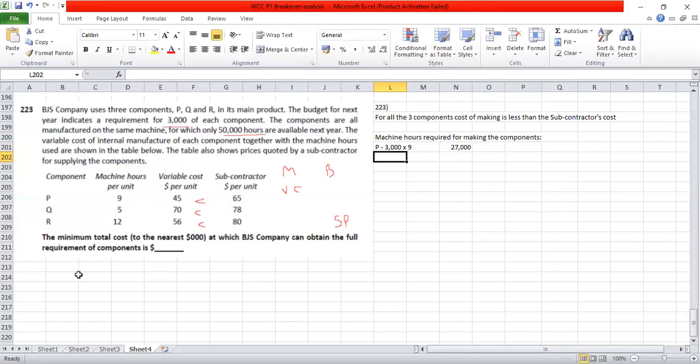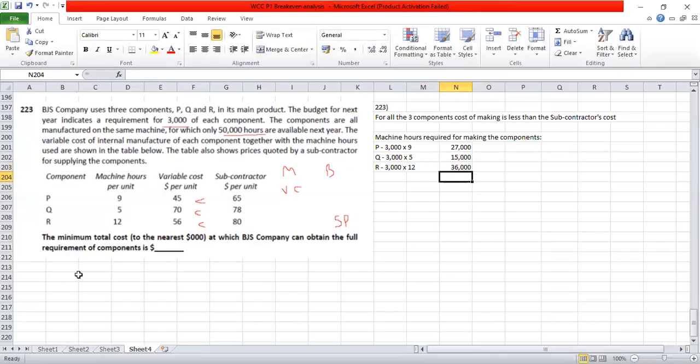For Q, 3,000 into 5 is equal to 15,000, and for R, 3,000 into 12 is equal to 36,000 hours.